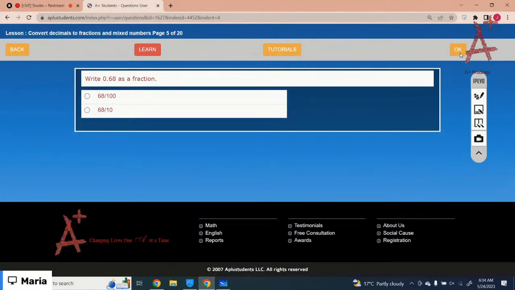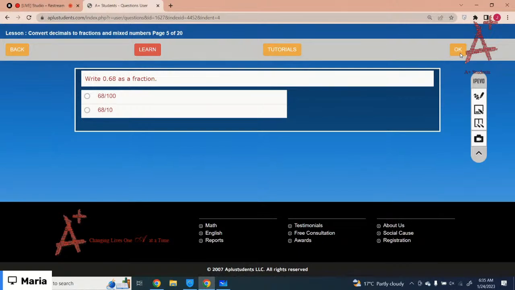Okay, write 0.68 as a fraction. So which is the correct option?